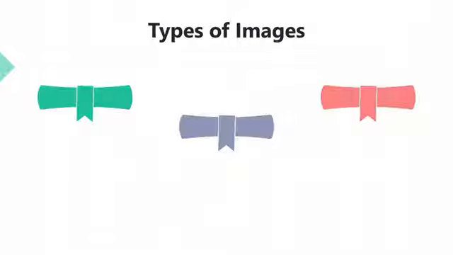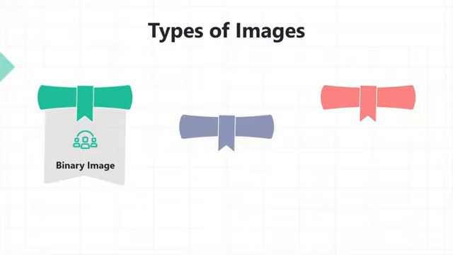Next, what are the types of images we have? The very first one is the binary image. Binary image means images made up of zeros and ones. Here, zero represents black or dark, whereas one represents the brightest one. Just simple, black and white.